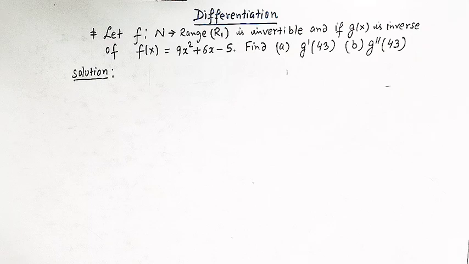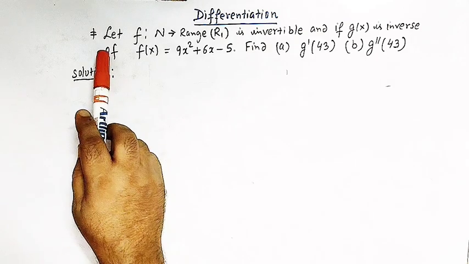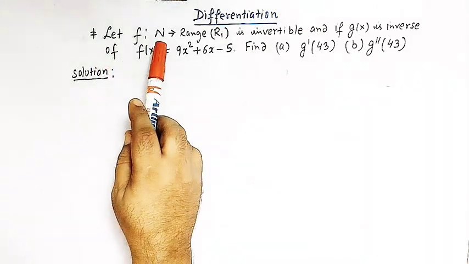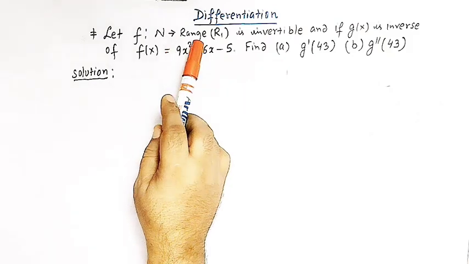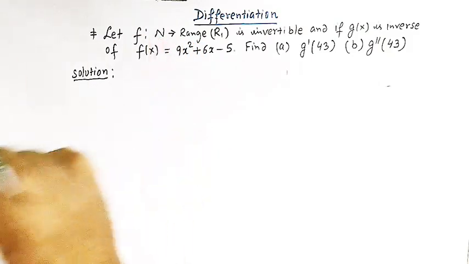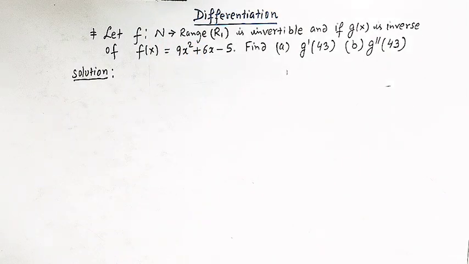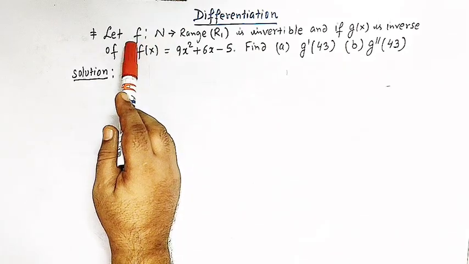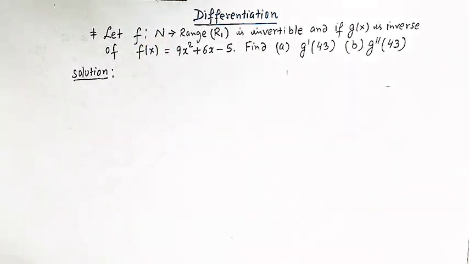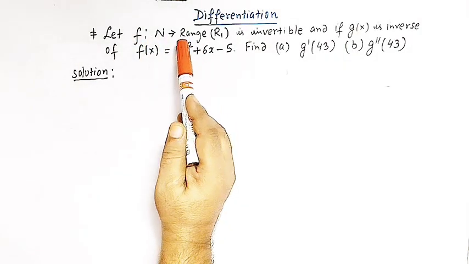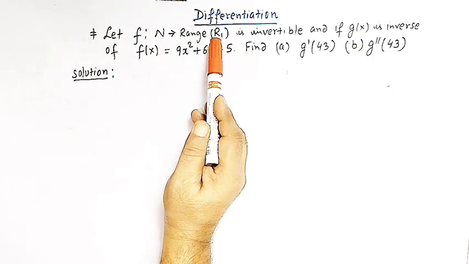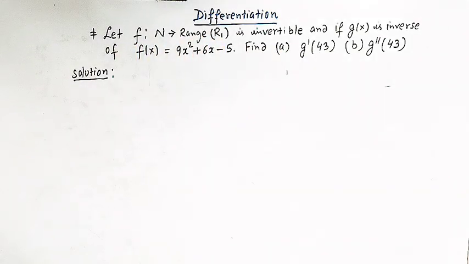So let us discuss this problem in which we are given a function f from N to R, that is, N is the set of natural numbers. So the domain of the function f is the set of natural numbers, and this function f is invertible.